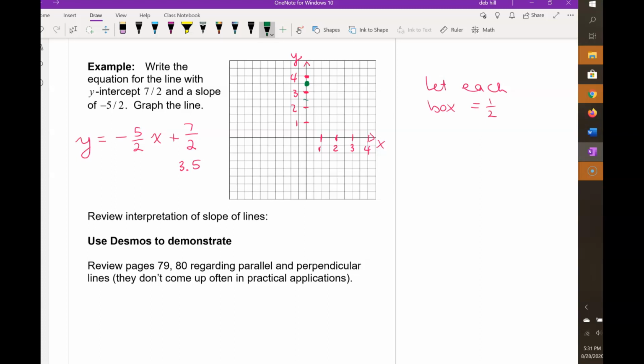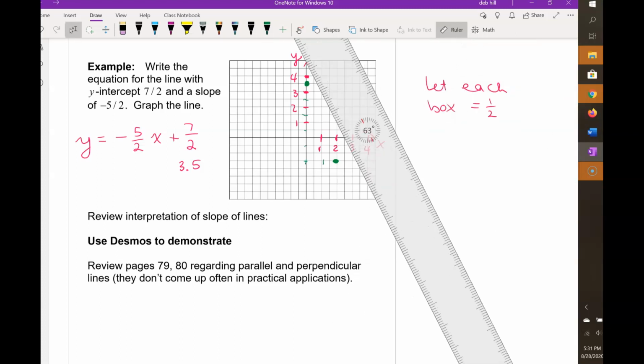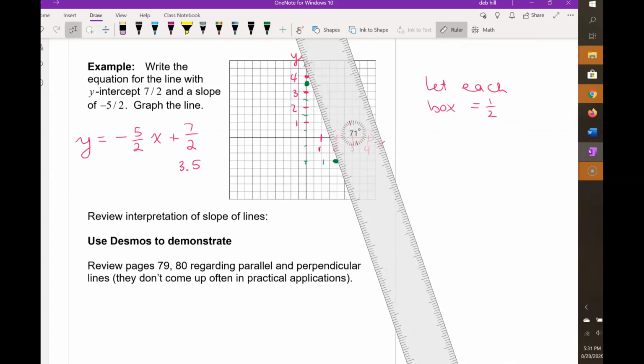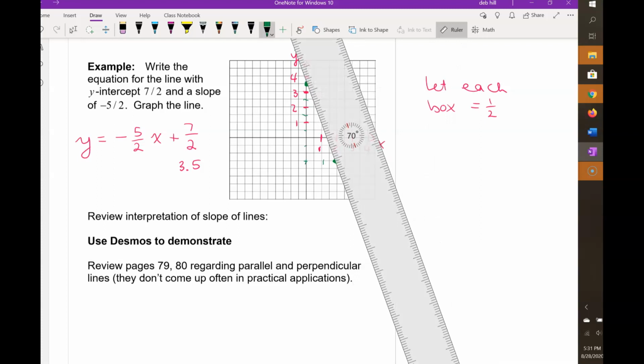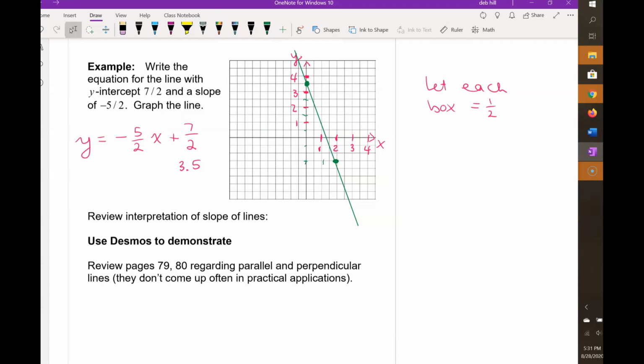So I would go down by 1, 2, 3, 4, 5, and then over 2. And here is another point that must be on my line. So I can take my ruler and then draw my line. And that's the graph of the line.